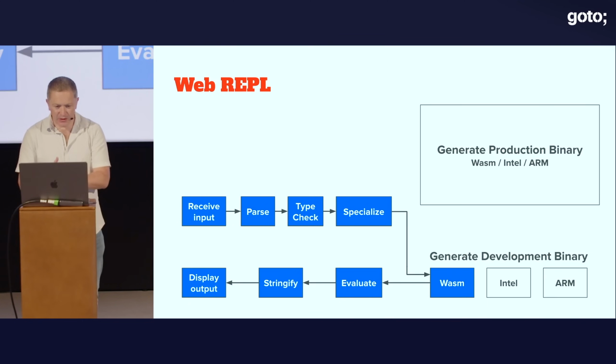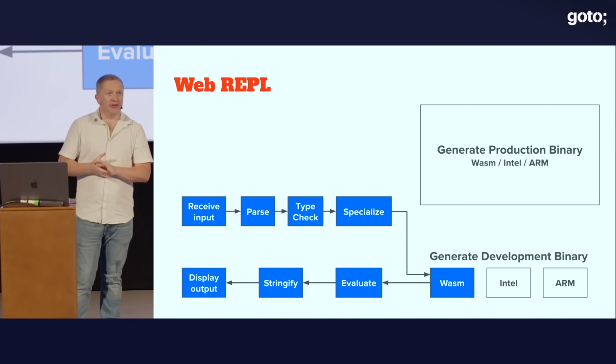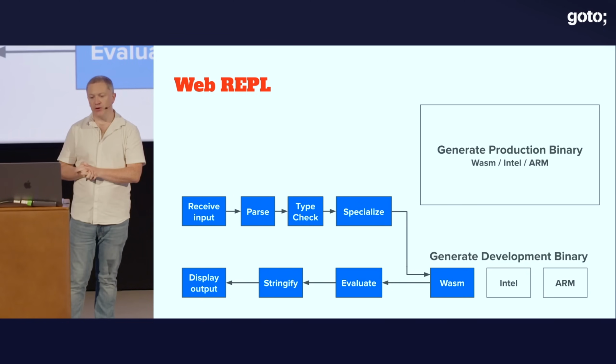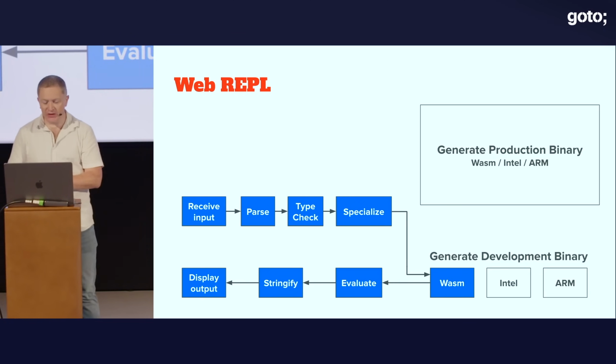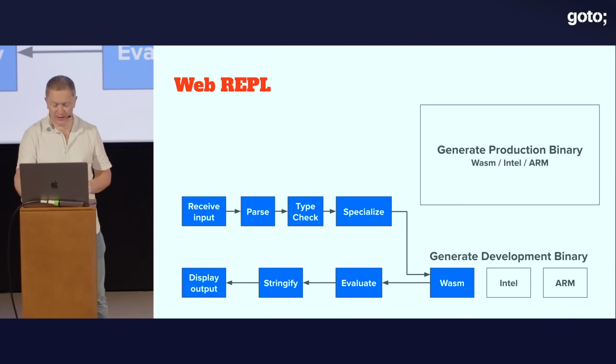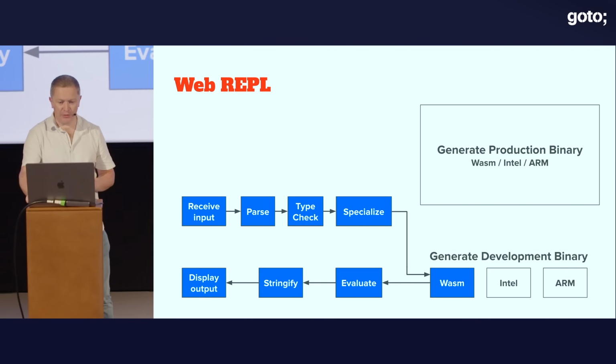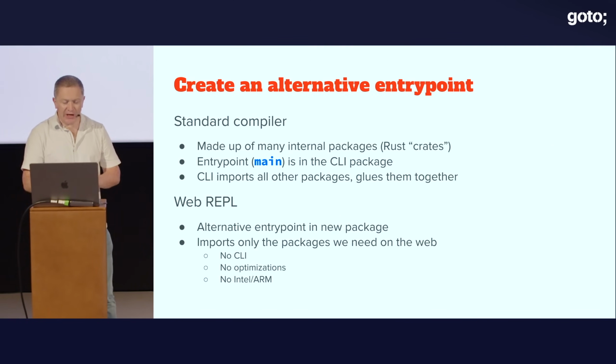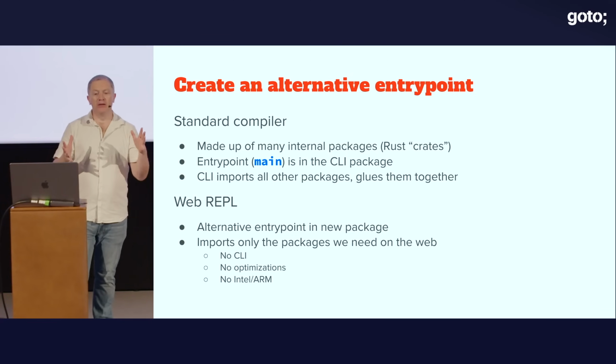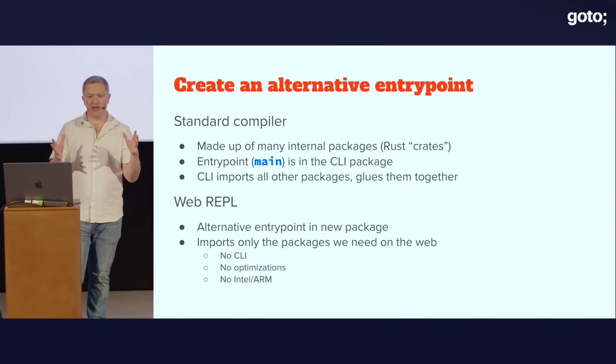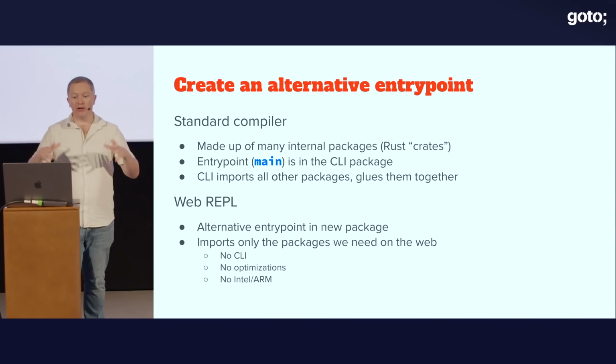So the first thing we can do then is use the development code path for the REPL. So we don't really need the production side, and we don't need the Intel output, and we don't need the ARM output.